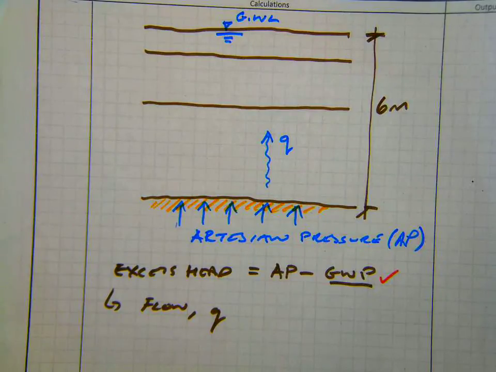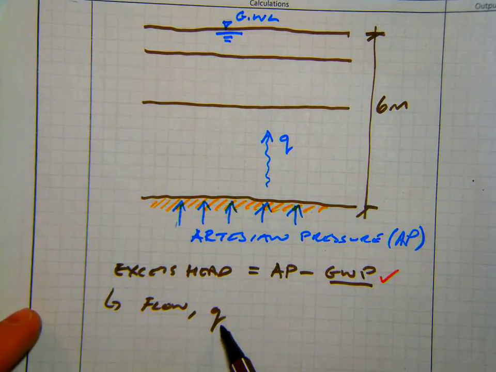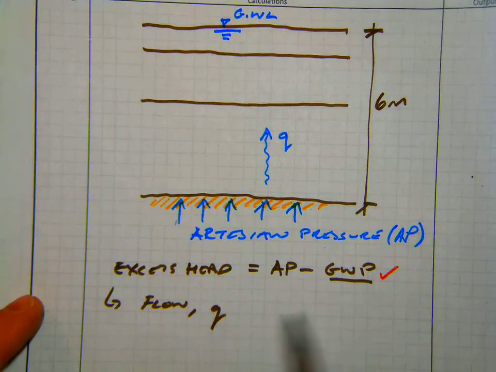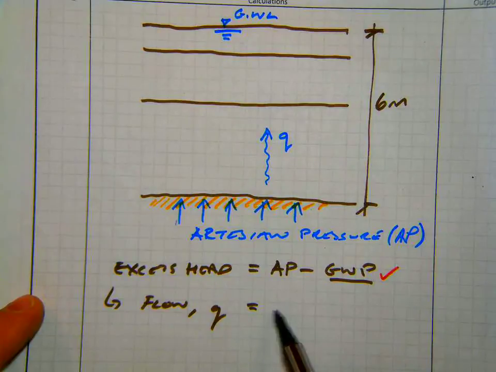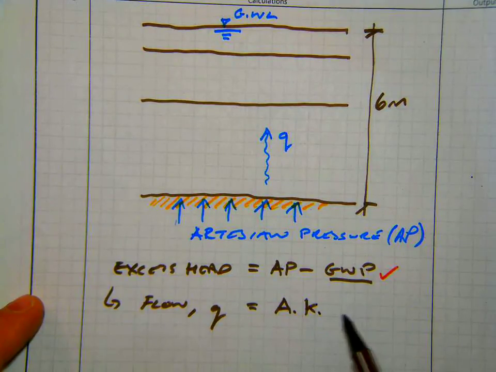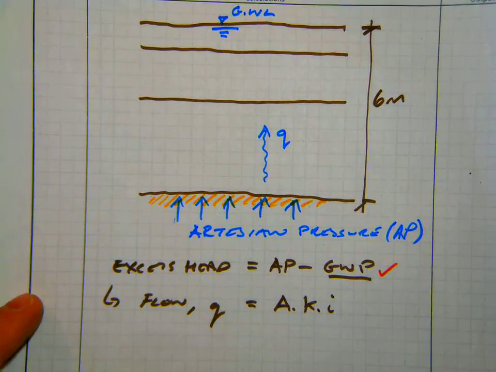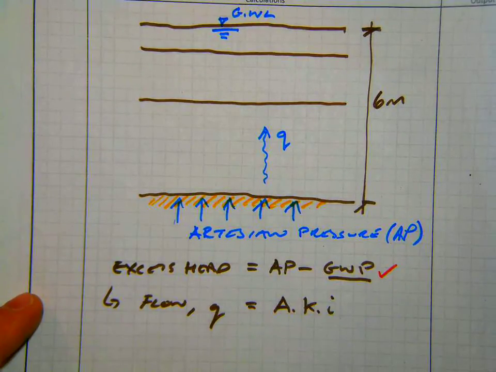But this flow rate Q is something that we need to find, and this comes from a knowledge of Darcy's law, where the flow is the area multiplied by K multiplied by the hydraulic gradient. So the area in this case is whatever area of channel we're considering.